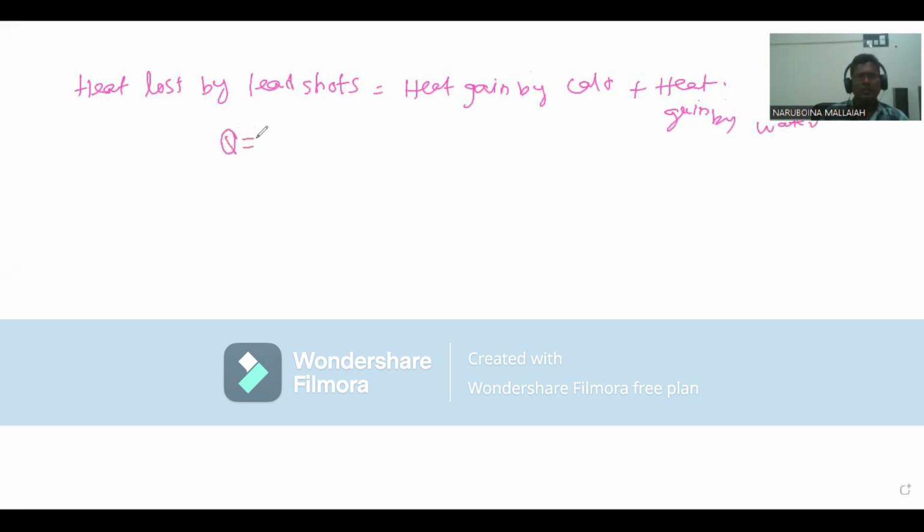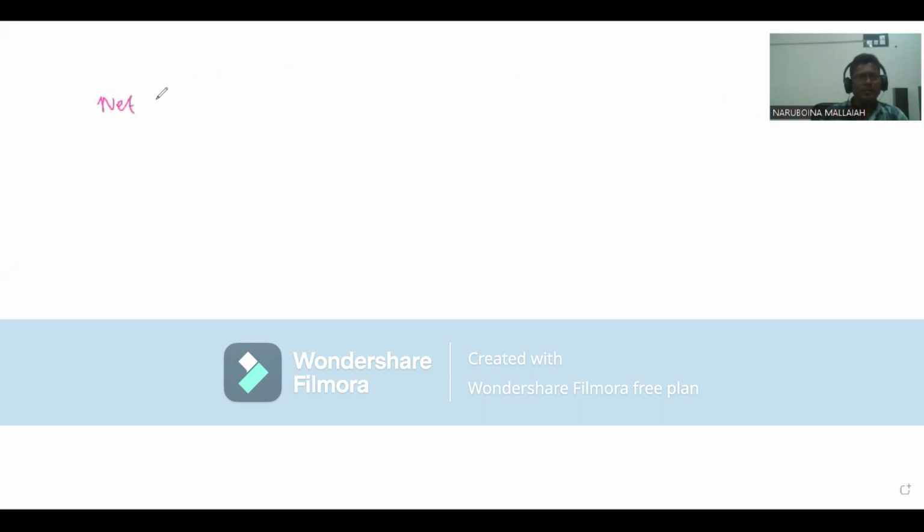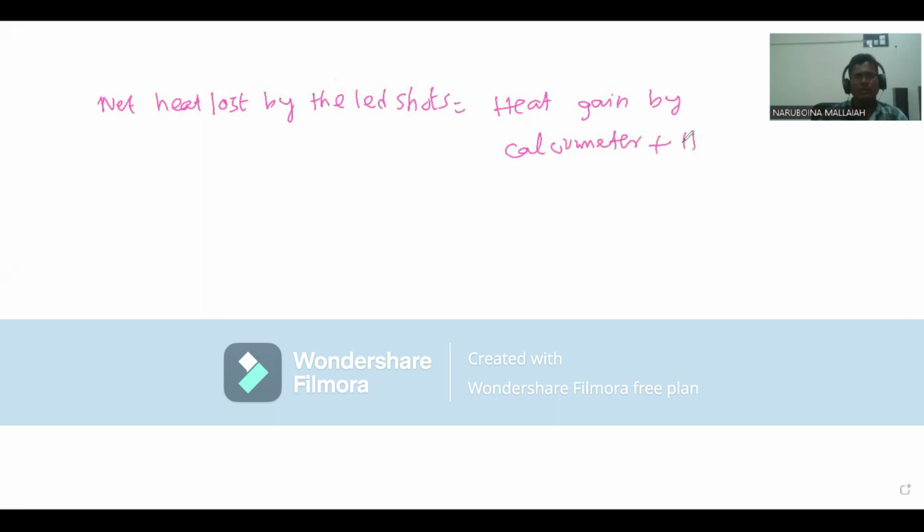Now we have to recall heat Q is equal to m s delta T. Net heat lost by the lead shots is equal to heat gained by the calorimeter plus heat gained by the water.